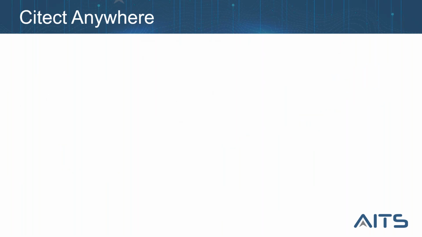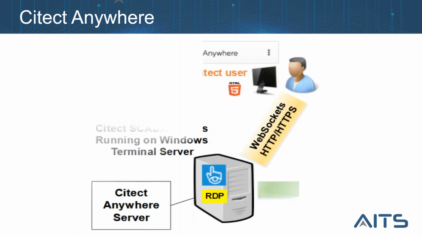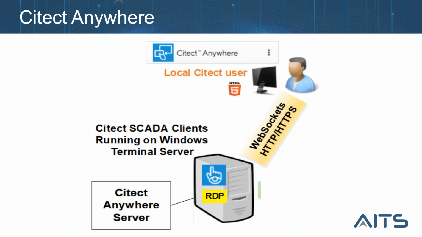The third part we're going to talk about is Citect Anywhere. Here we are more concerned about the Citect Anywhere server, because you're going to see later on that we have three types of components that we can install along with Citect Anywhere. The Citect Anywhere server allows you to remotely access a running Citect client with mobile devices, including tablets, smartphones, even your laptops.